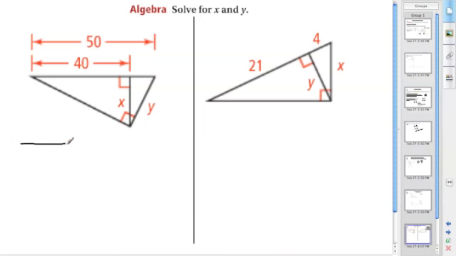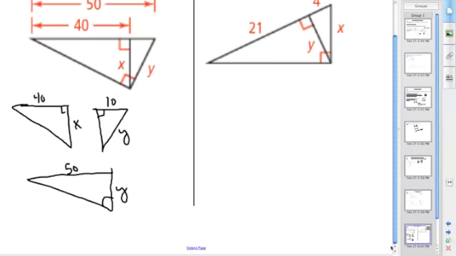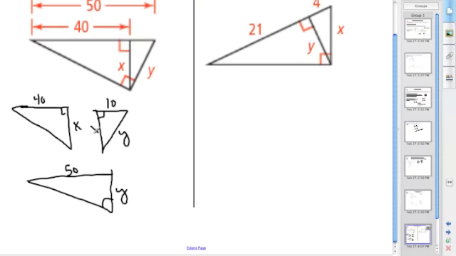I have my small triangle, this is x, this is 40. I'm going to draw out the small one, bring in my 90, this is y, this is 10, and then I have my big triangle, where this is y and this is 50, and this is x.